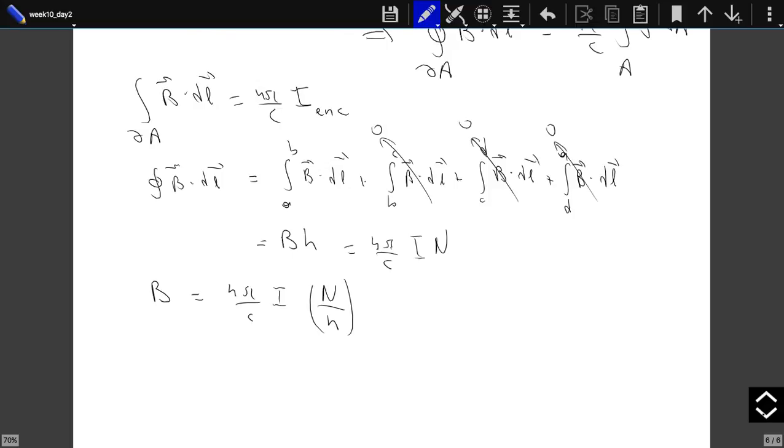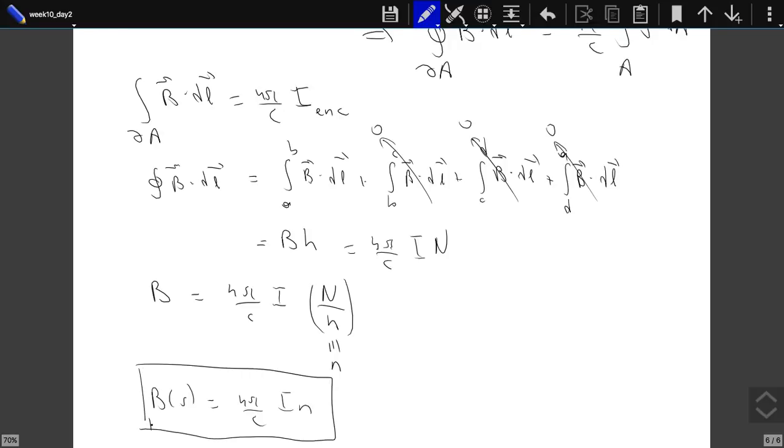This number n over h is nothing but the turns per unit length, which most of the time we denote by small n. So although we said that in principle, just from the symmetry arguments, it might depend on S, it just turns out that it's even independent of S. So it's a uniform magnetic field in our solenoid.